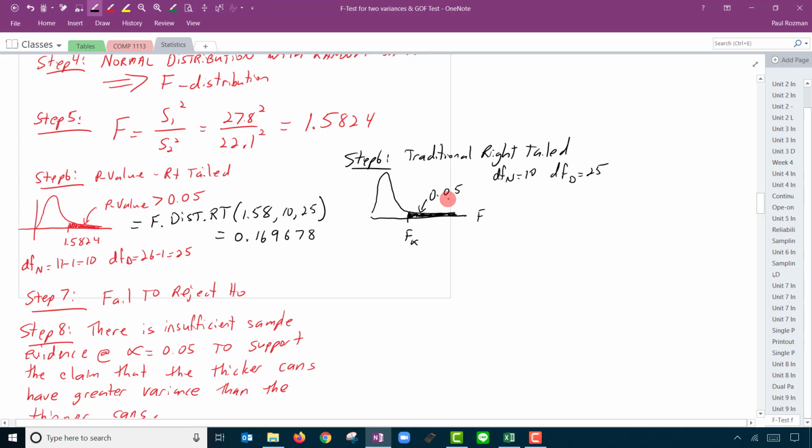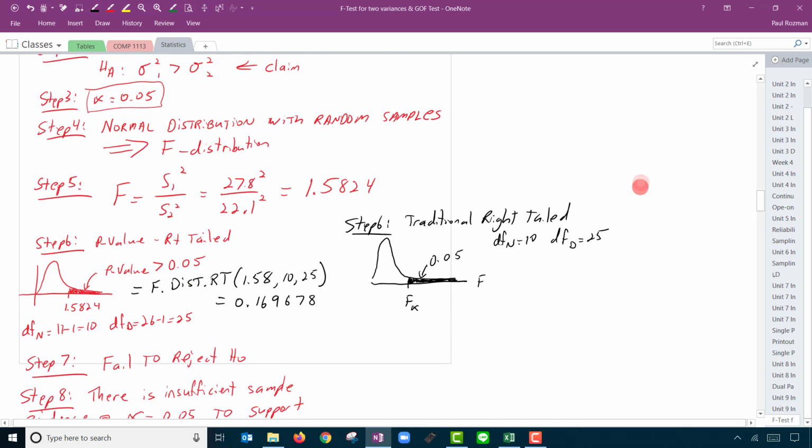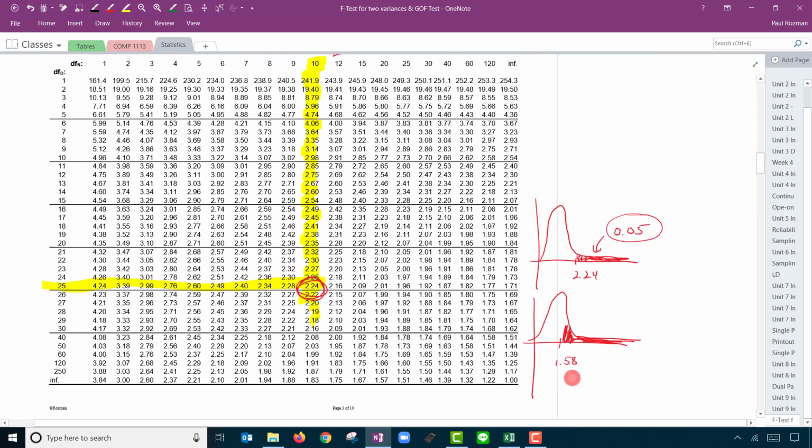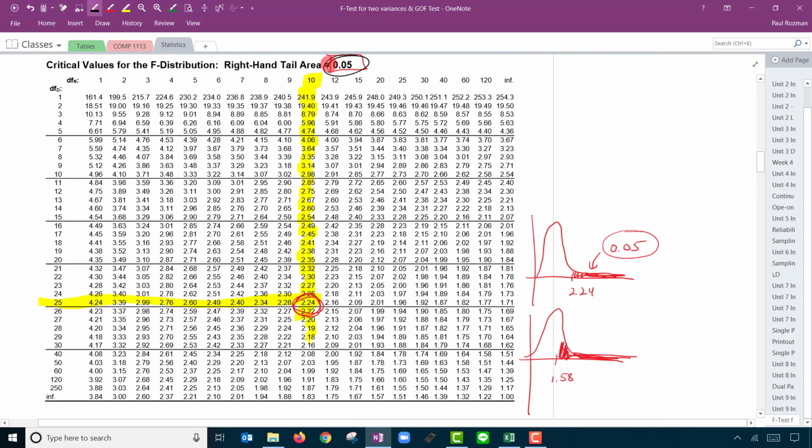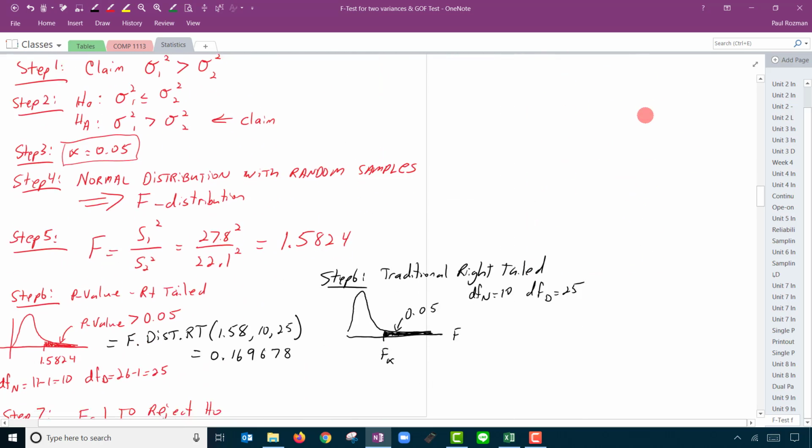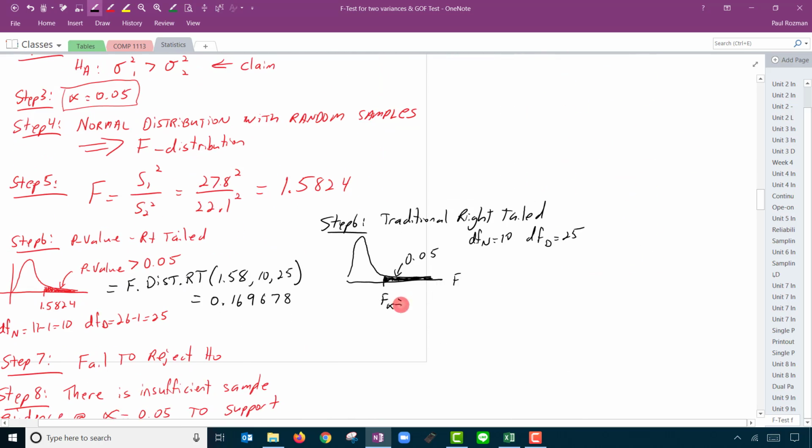And we already looked this number up. This is the number we found in our F table. It was the only value in there for 0.05 at numerator 10, denominator 25. It was the 2.24. So that's our critical value.